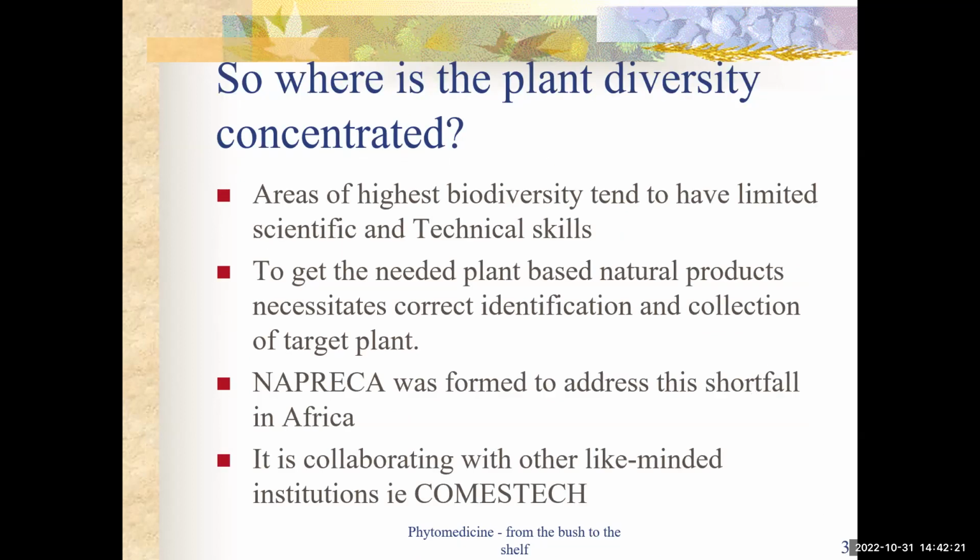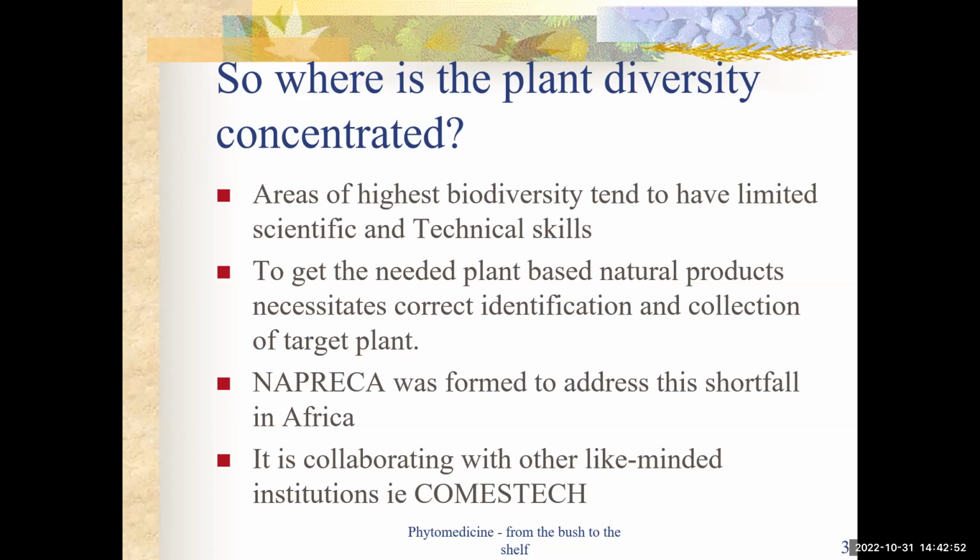So the greatest diversity, therefore, is in the tropics, yet in many of those areas where we have the highest diversity, we tend to have very limited scientific and technical skills. So where the diversity is highest happens to be also the areas where we have low technical skills.